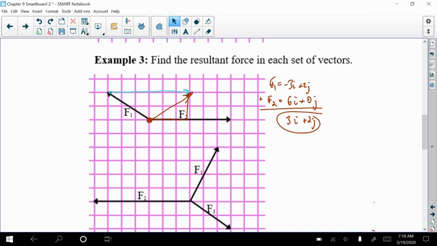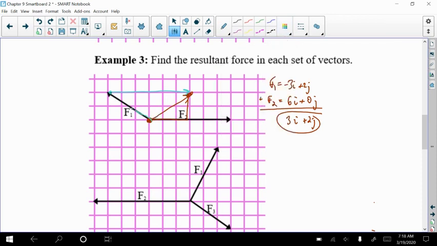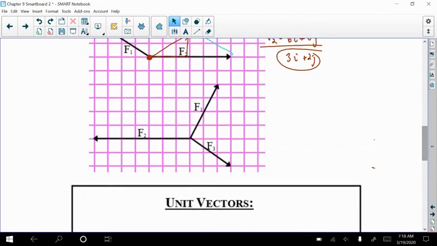You could think about it tip to tail, but these are acting simultaneously. And then, just to complete our parallelogram, why not? It's Friday. So there we go. A resultant force, and there's only 2, could also be the diagonal of the parallelogram. Well, when you start getting more than two forces, you don't have a parallelogram anymore.